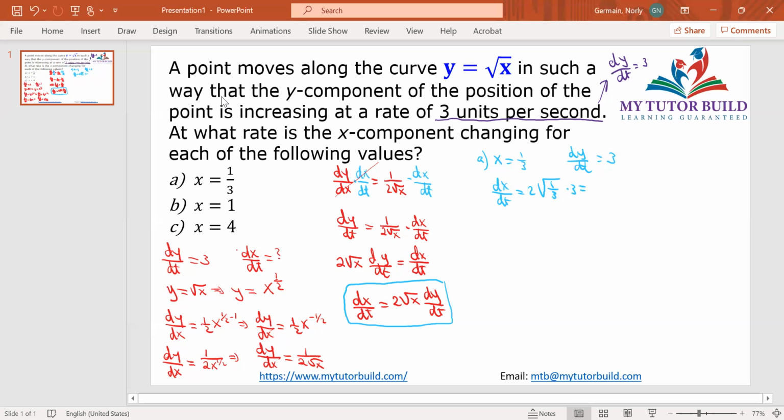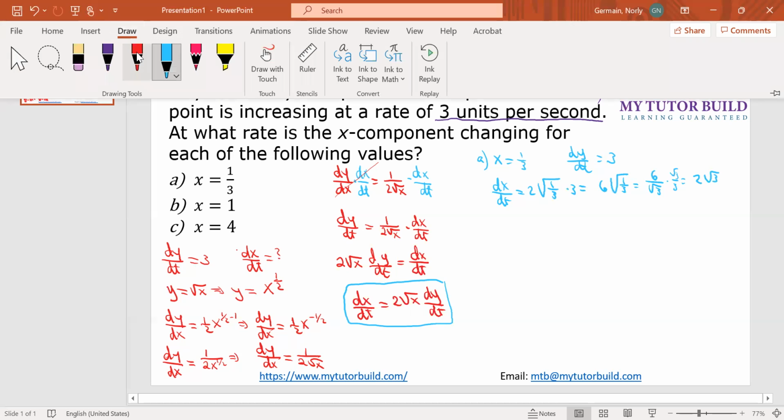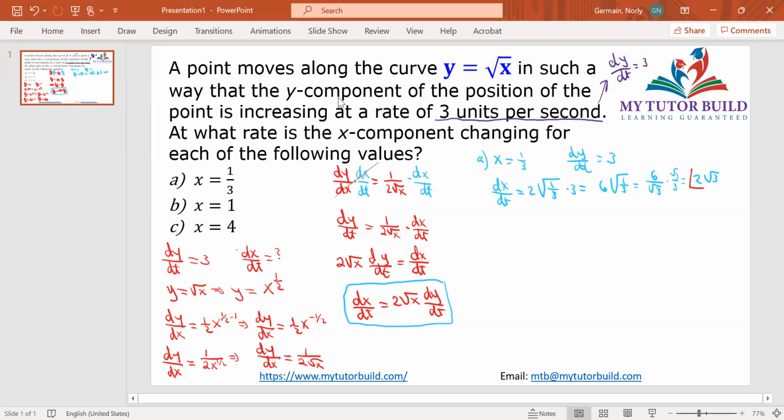That gives us 6 square root of 1/3. You know how to rationalize. You're going to have 6 over square root of 3. When you multiply and divide by square root of 3, the answer for this one would be 2 square root of 3. Remember, you simply need to do some algebra, and that would be the correct answer for that one.